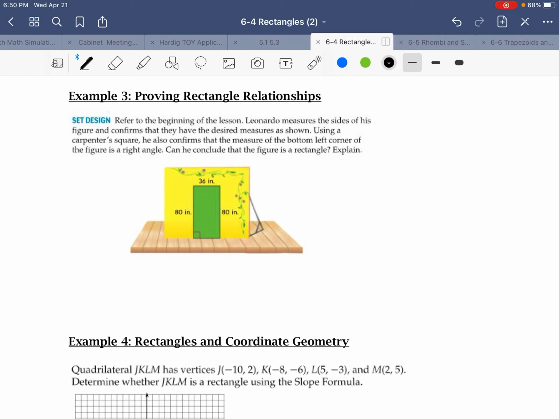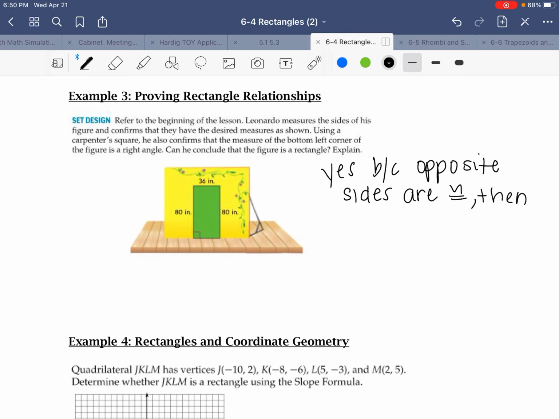So since our opposite sides are congruent, we know it's a parallelogram. So that's the first thing we know. So yes, because opposite sides are congruent, then it is by definition a parallelogram.